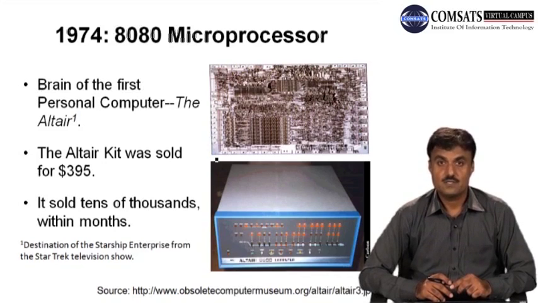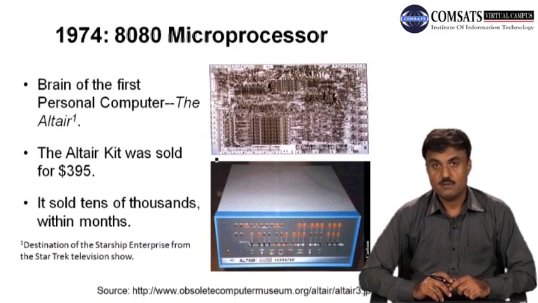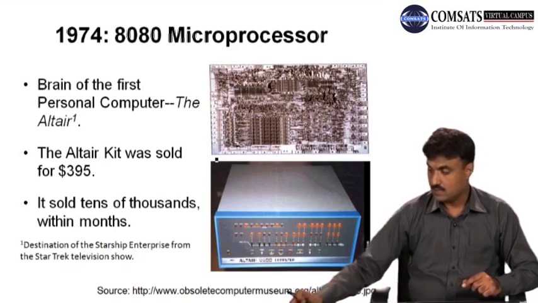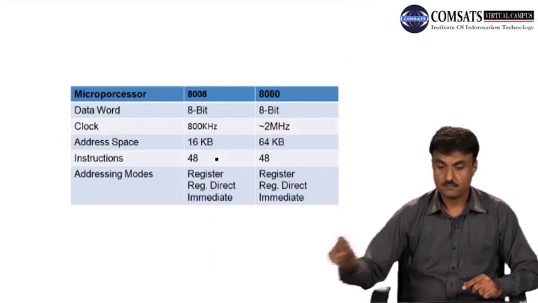The base station where the ship lands was named Altair, so they used this name. The Altair kit was sold for around $400 each, and within months they sold tens of thousands of these kits.